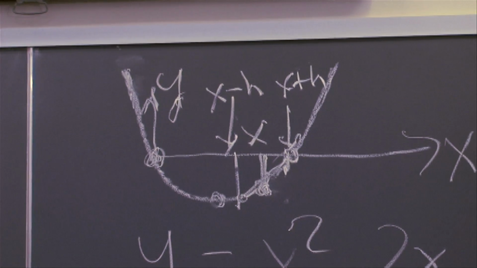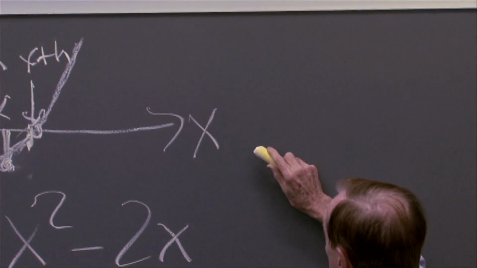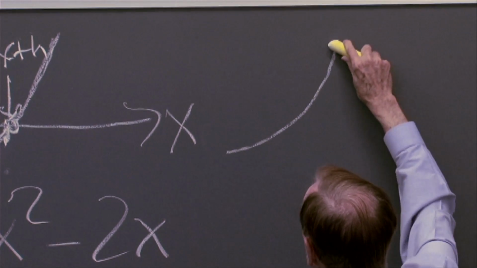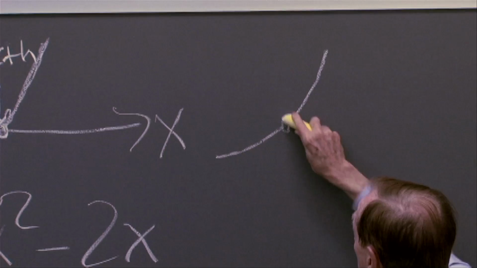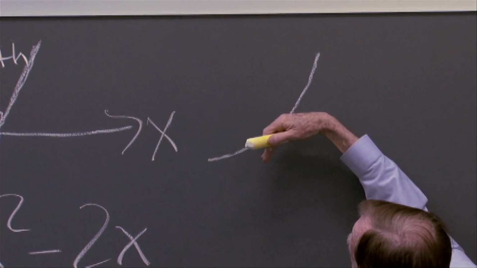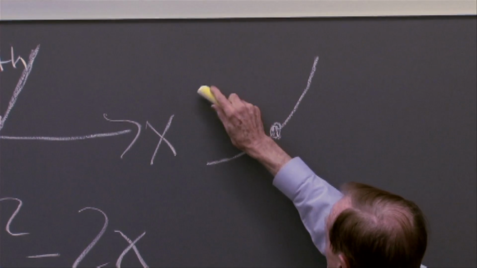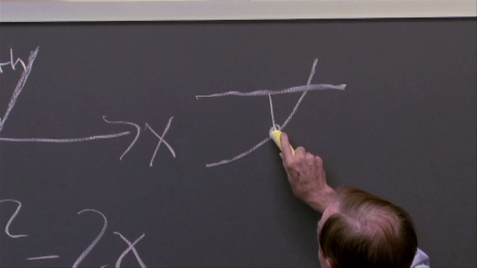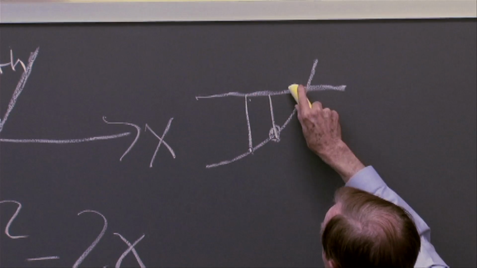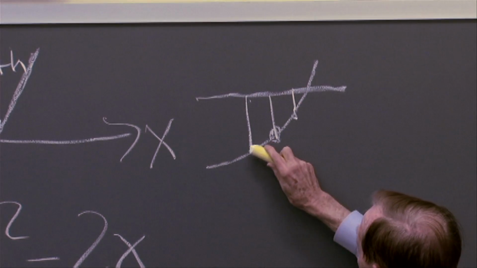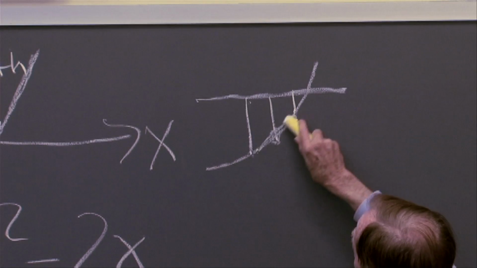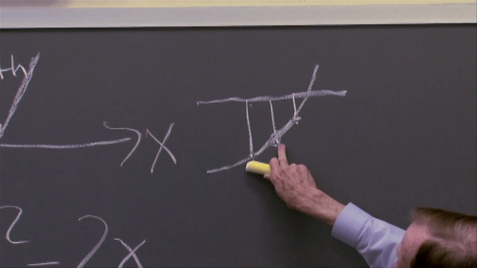Shall I draw that picture a little bigger? Here comes the changing slope. I'd like to know the slope there. What's that slope at that point? The way to do it is look next to it, look above it, and look at the straight line that won't go through that point.